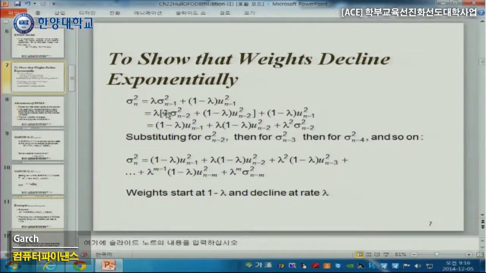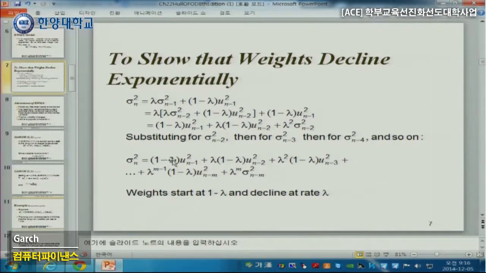Then we expand it, and it becomes 1 minus lambda u n minus 1 square plus lambda times 1 minus lambda u n minus 2 square plus lambda square sigma n minus 2 square. If we keep doing that, sigma n square is a weighted average of u n minus 1, u n minus 2, and so on, relatively long time ago.